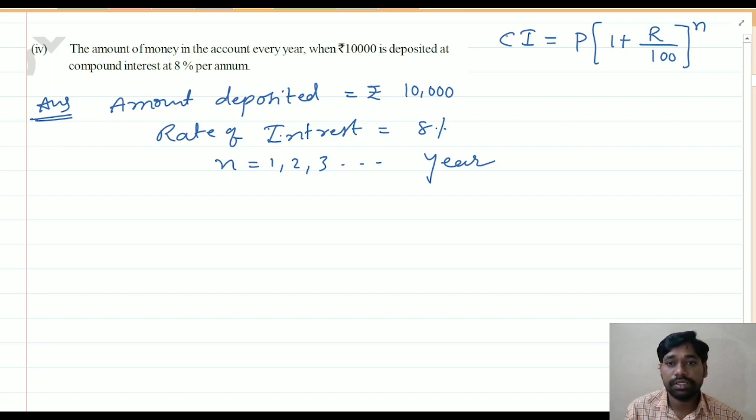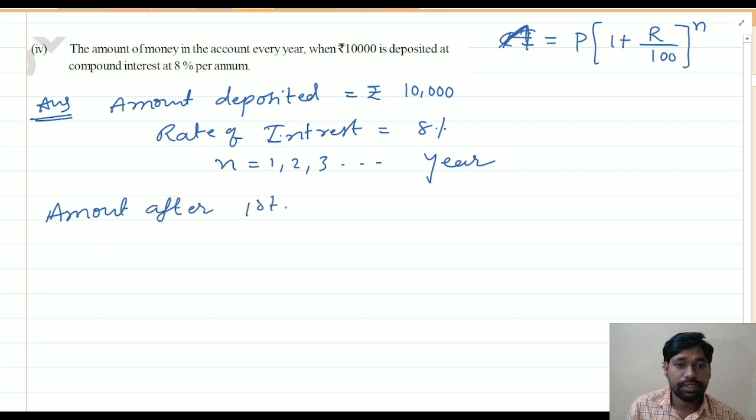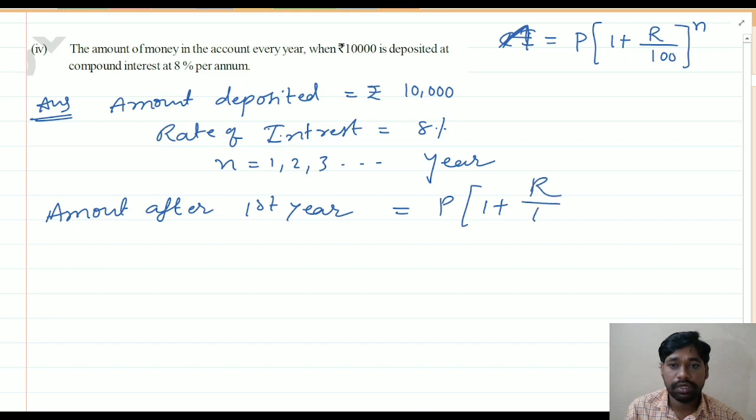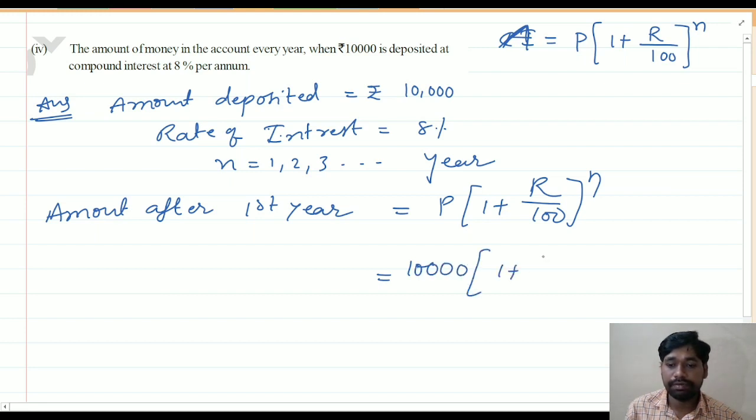So amount formula, amount A is equal to, first year compound interest. So amount after first year is nothing but P of 1 plus R by 100 whole power n, that is 10,000 of 1 plus 8 by 100 power 1.